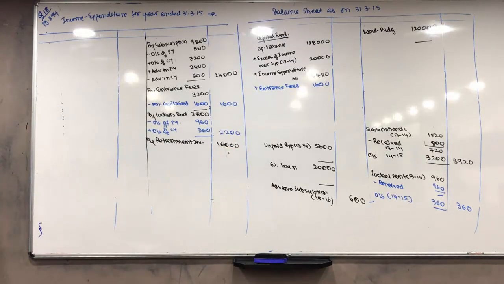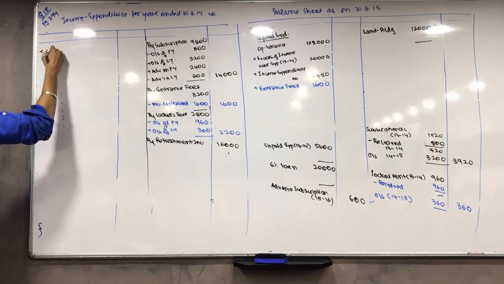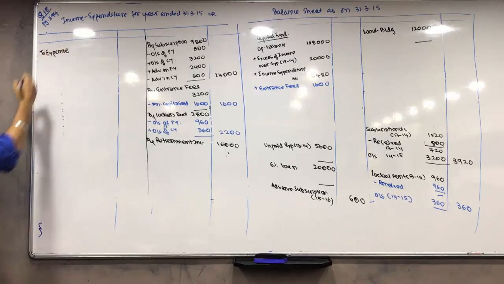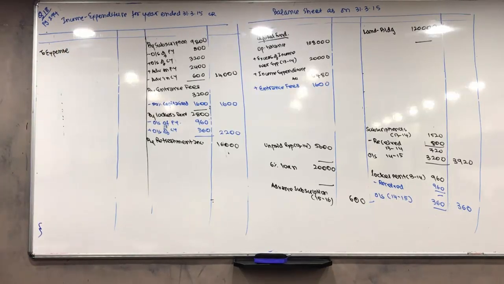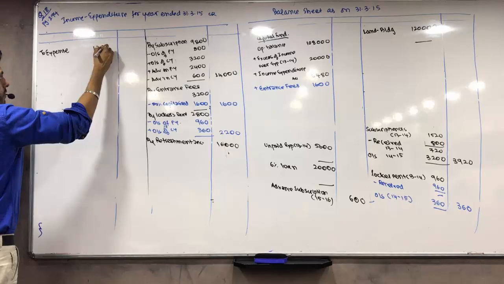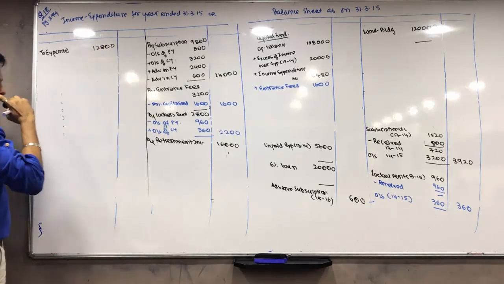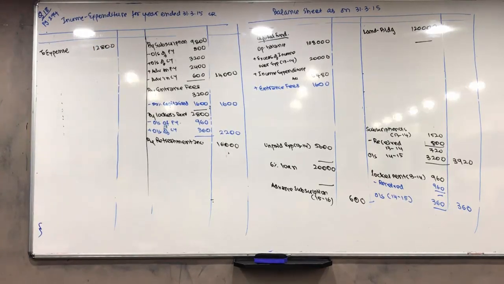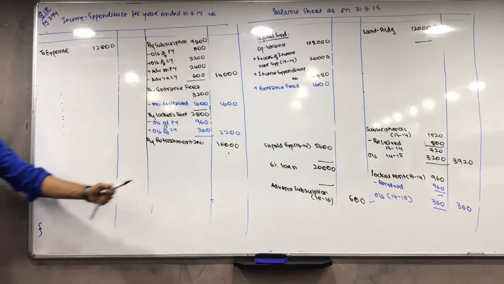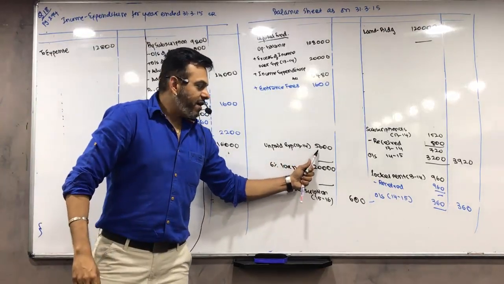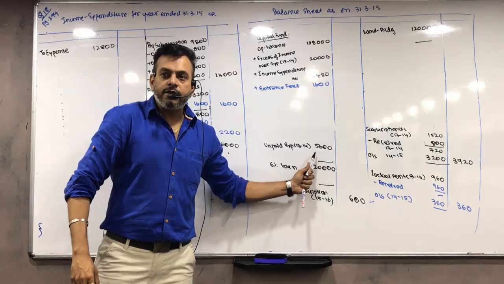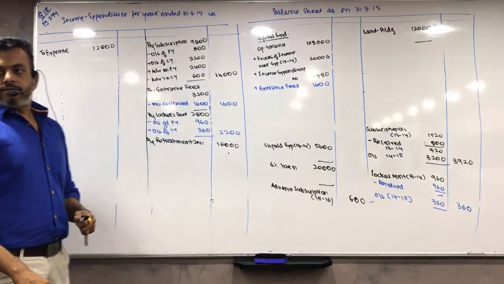Expense. Now this is interesting over here. To expense, inner column 12,800. How much expense should we have paid in this year? 5,600. How much have we paid in the receipt and payment?